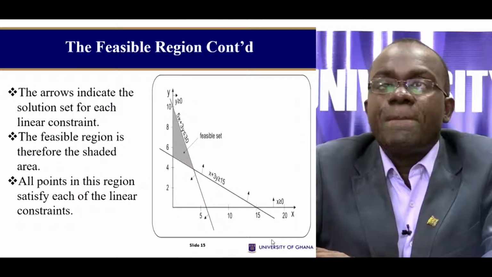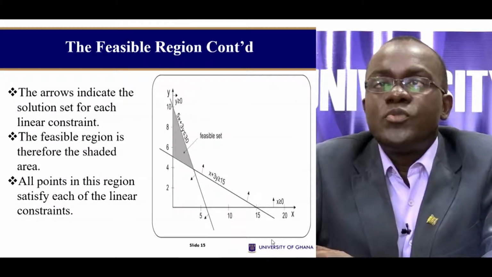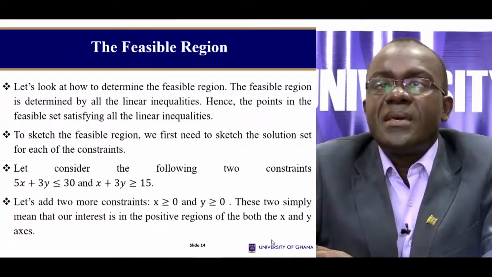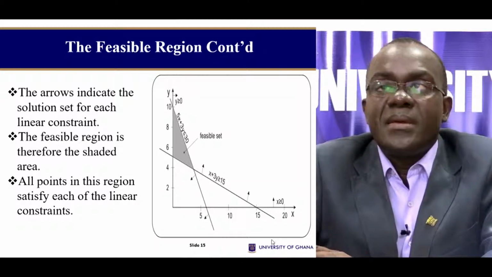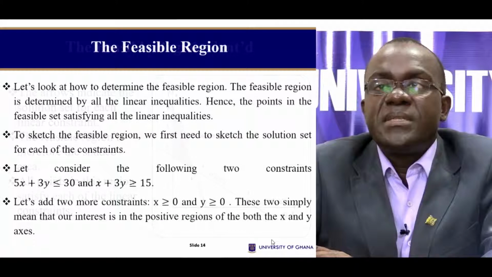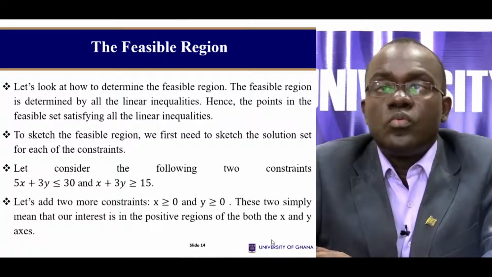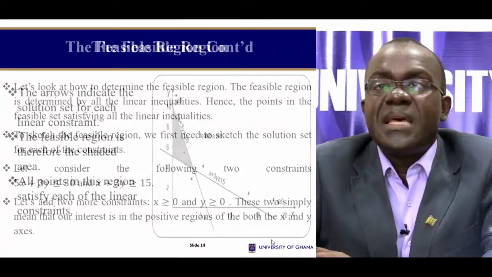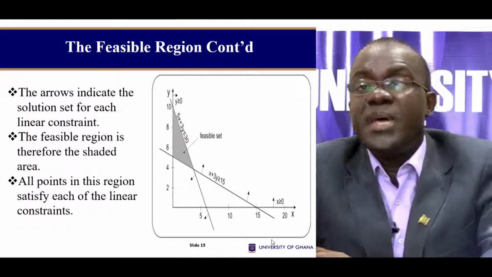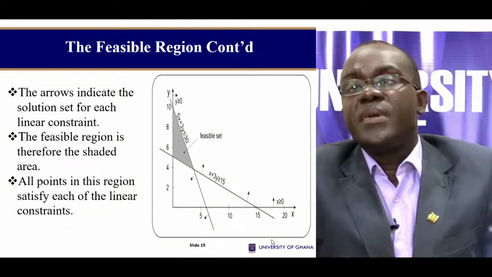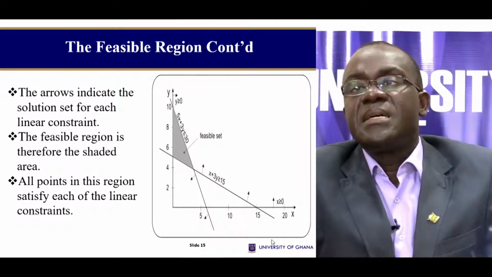So here, I have plotted these two inequalities, what we have over here and what we have over here. This is the first line, this is the second one. Now I want a common region that satisfies the two. So I should take a point here, put it into an equation and see whether it satisfies it or not. And we can see that there's a region that satisfies.